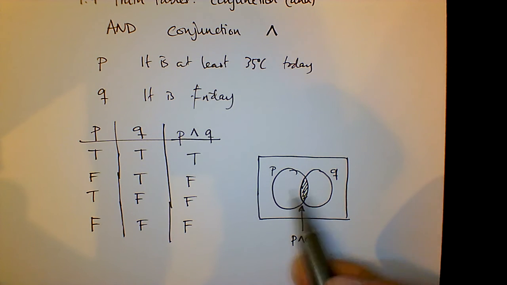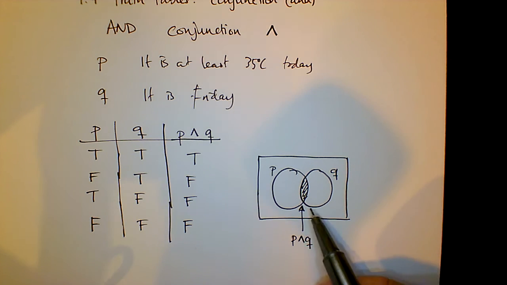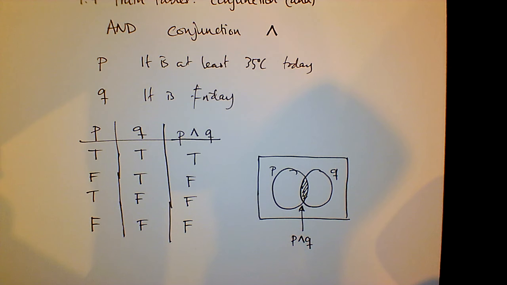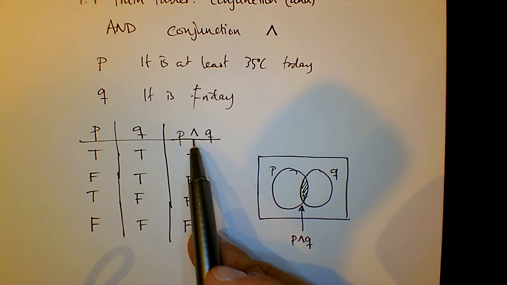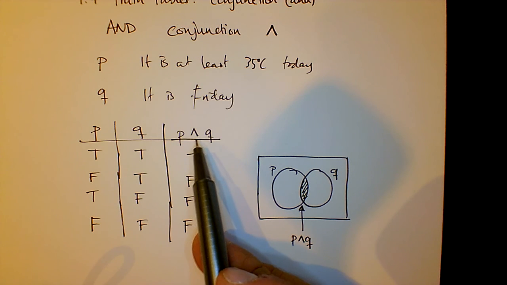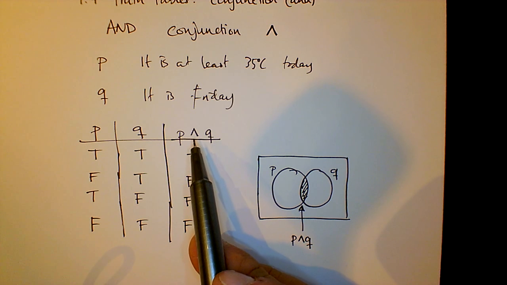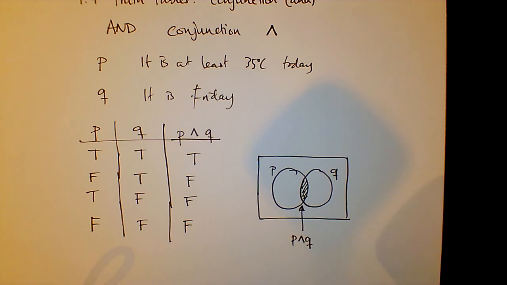So the fact that both of them are true, that's the definition of conjunction. And we see that this has many parallels or is equivalent to intersection that we talked about in set theory. And actually the symbol even looks similar. It's just that instead of being an upside down U, it's an upside down V.